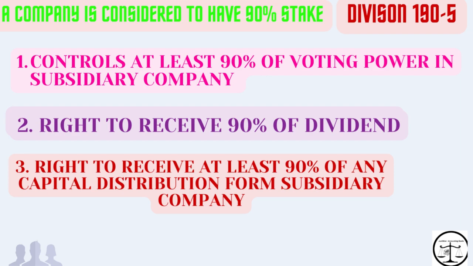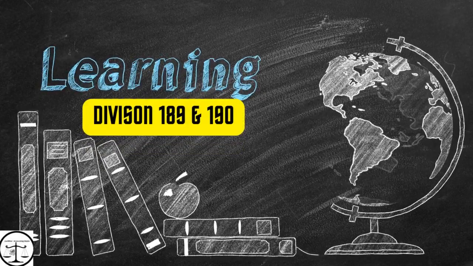In other words, friends, for GST purposes, company is said to have 90% of stake in another company when a holding company has right to receive 90% control, 90% of total dividends and 90% of capital distributions, directly or indirectly in subsidiary company.